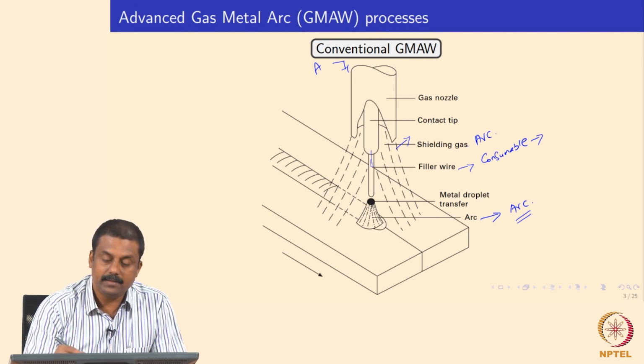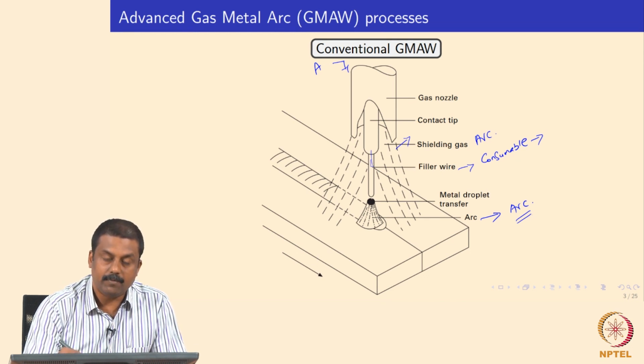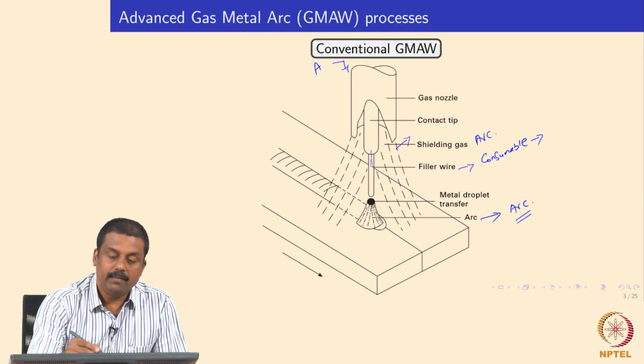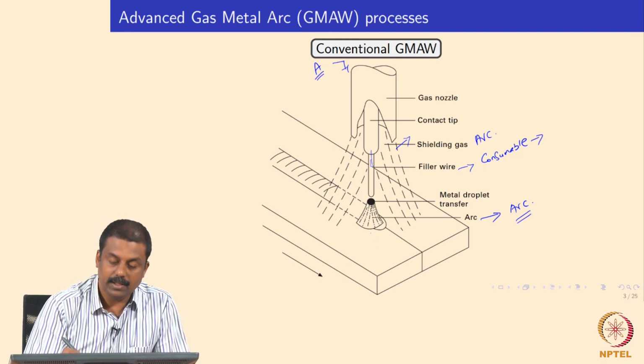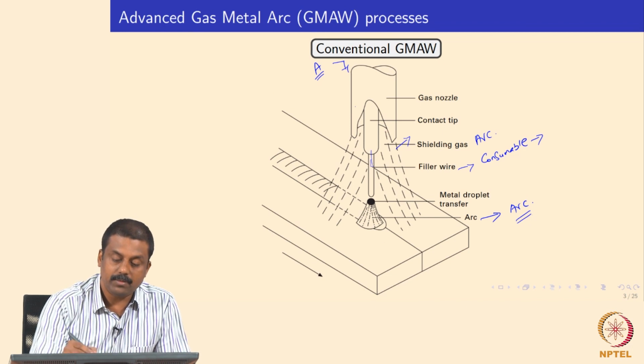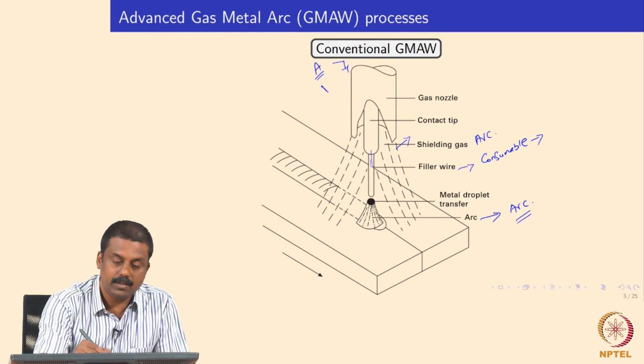The gas is ionized, forming electrons and ions, and based on your polarity they can travel either from electrode to workpiece or from workpiece to electrode, and the heat is generated by passing an amperage through the setup from a power source, and the setup is maintained at a potential difference of volt V.